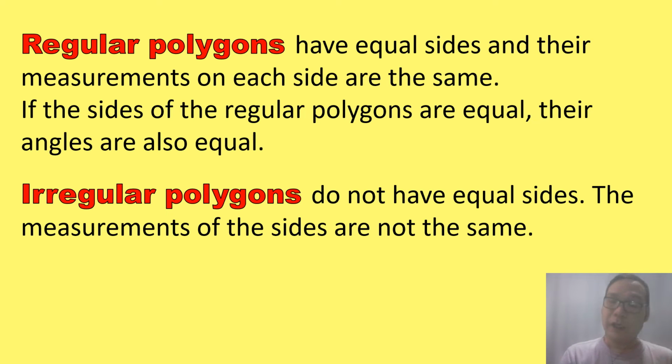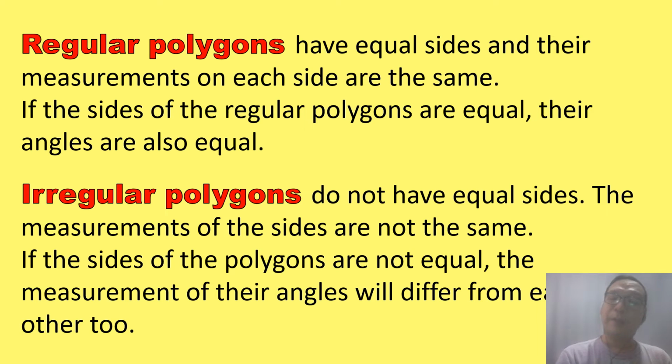So, if a polygon's sides are not equal, then that polygon is an irregular polygon. For example, a pentagon has 5 sides and the measurements of the sides are 2, 3, 4, 5 centimeters, then that pentagon is an irregular polygon, or irregular pentagon for that matter.